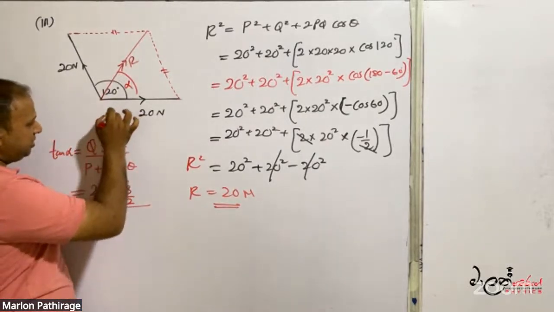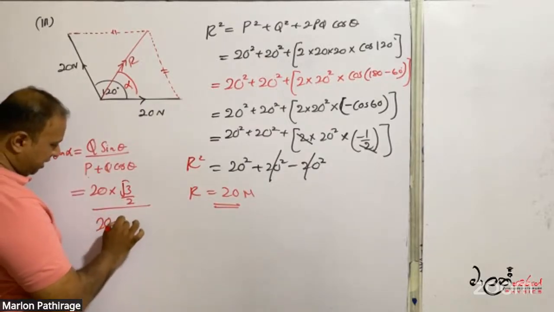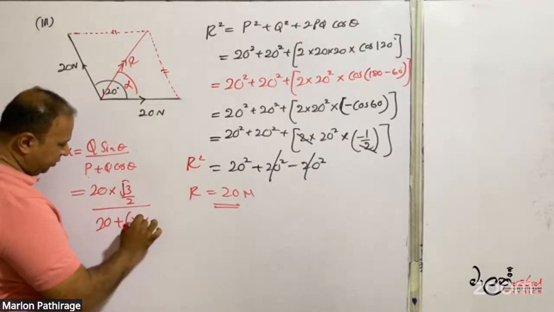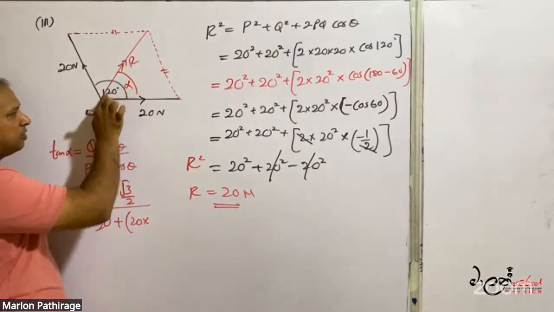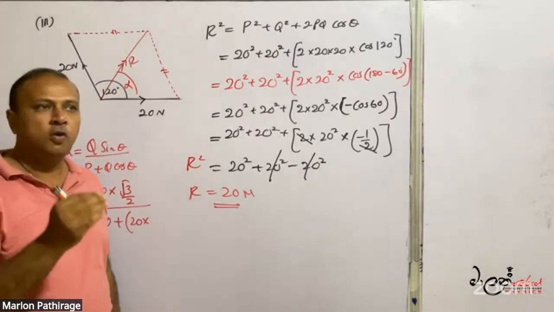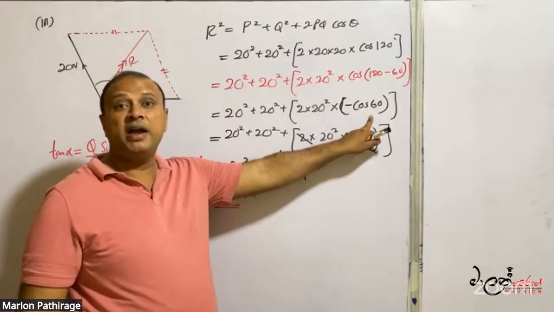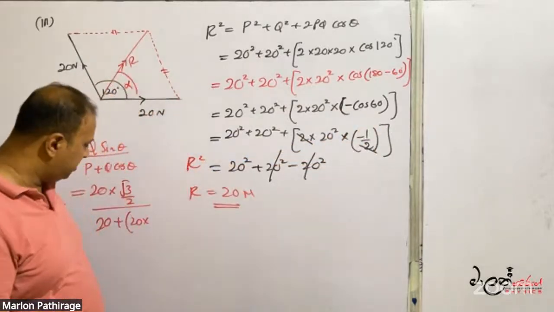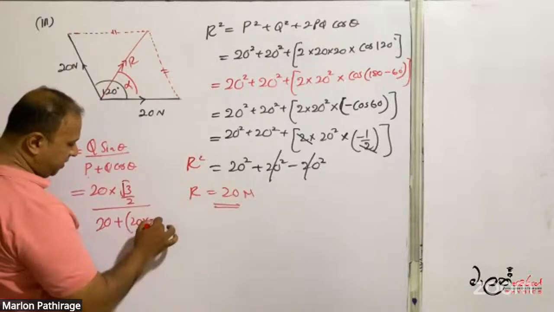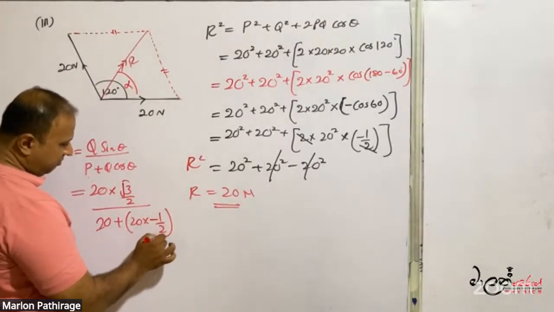P is 20 plus 20 into cos theta. Cos theta means cos 120. Cos 120 is equal to minus cos 60. Minus cos 60 means minus half.